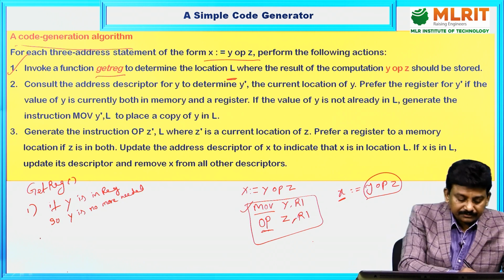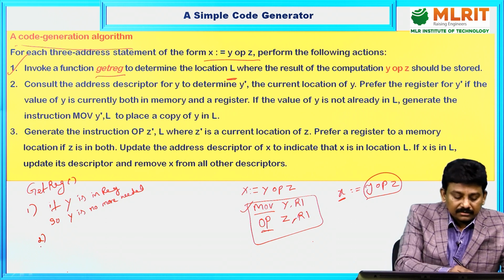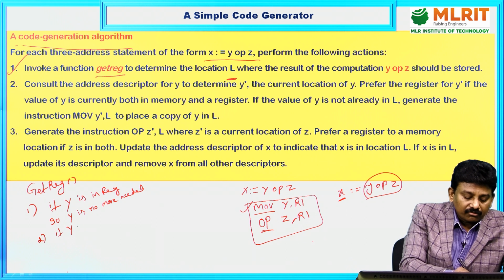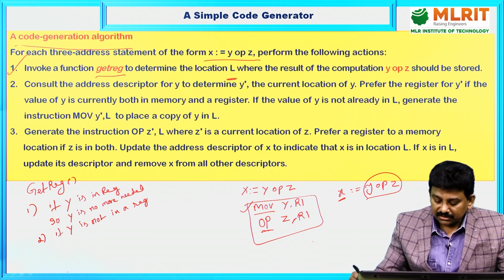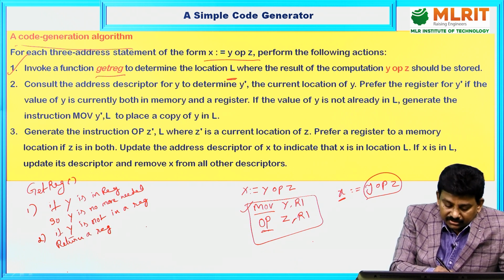Second option, y is not in a register. If y is not in a register, then return a register if registers are available.